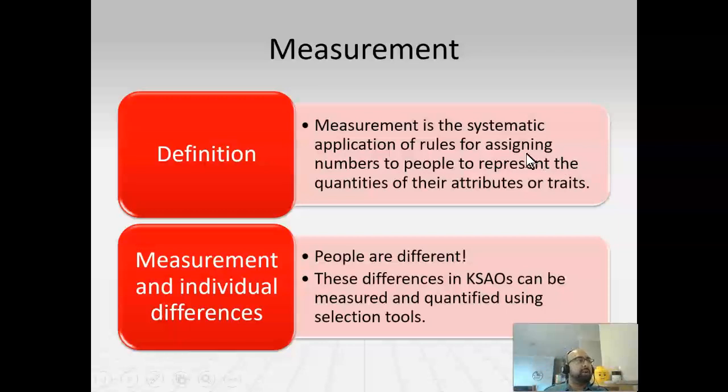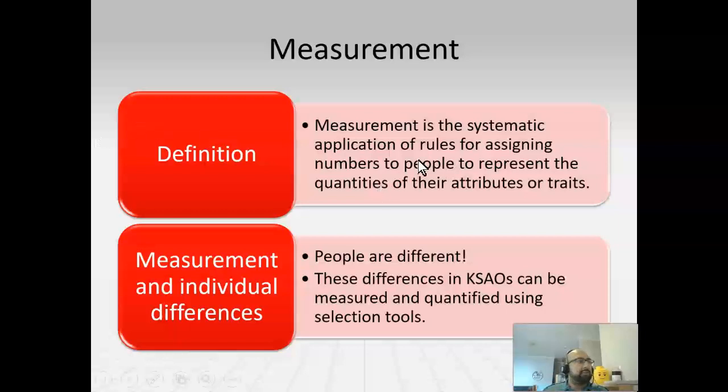Next, for assigning numbers, any selection tool wants to precisely evaluate KSAOs, and to do so precisely, we quantify them. Now that quantifying can vary in how precise it is, but generally there is some quantifying going on.